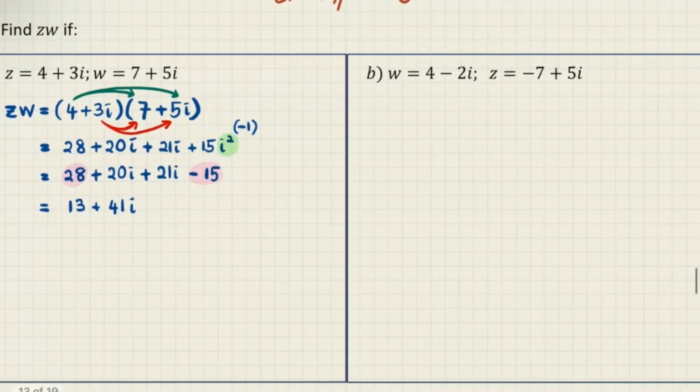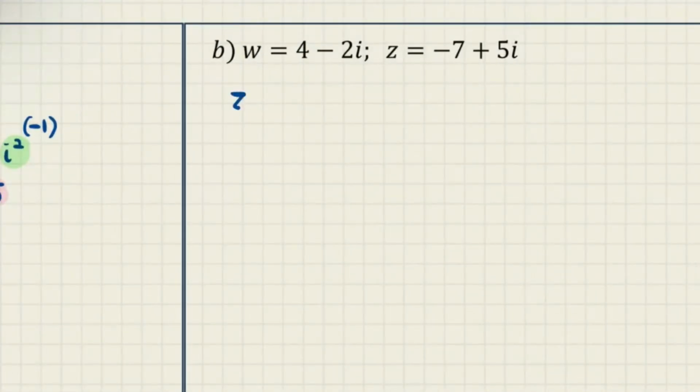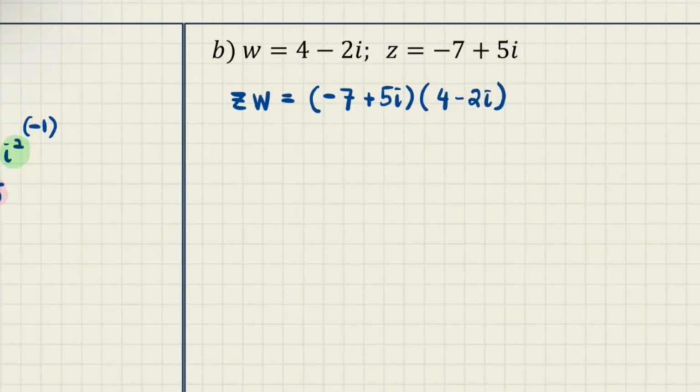Okay, soalan masih lagi minta ZW. So ZW will be equals to Z kita adalah negative 7 plus 5i multiplied by 4 minus 2i. Okay. So here expand seperti tadi.